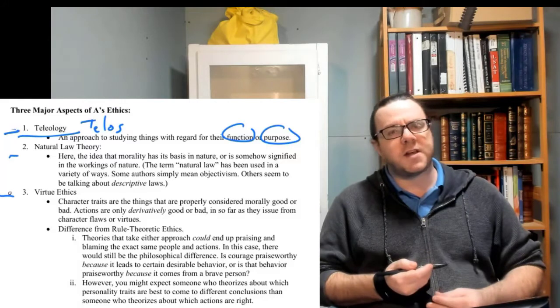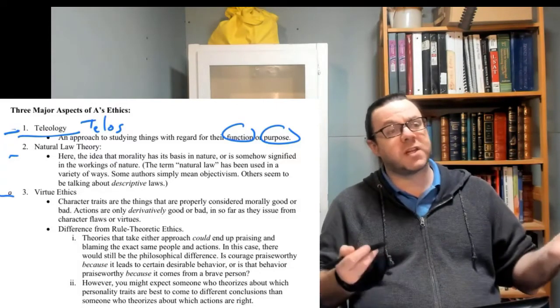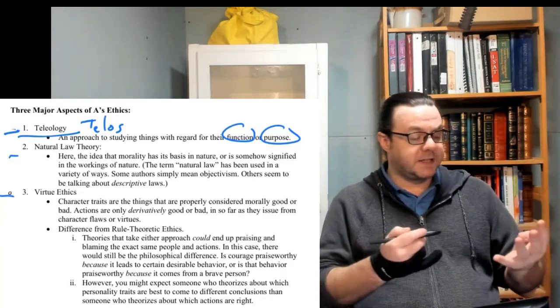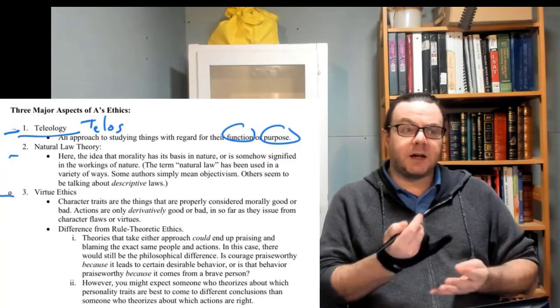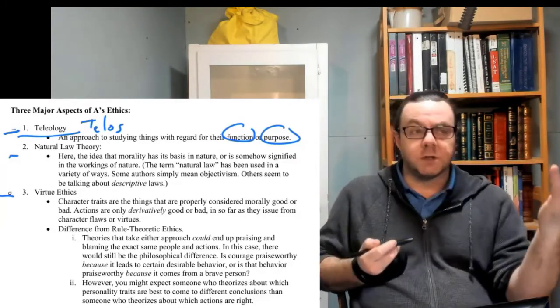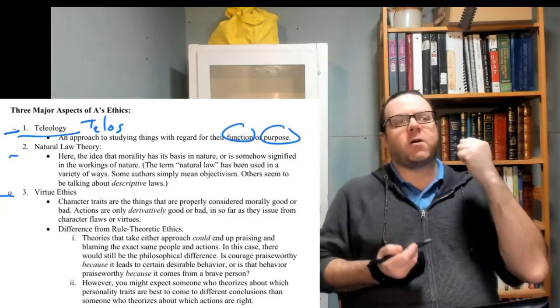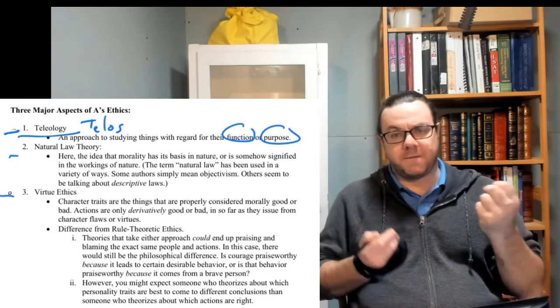In Aristotle's time, it was accepted that there were four main virtues. This is an ancient Greek idea: courage, wisdom, temperance, and justice, those were the four big ones.